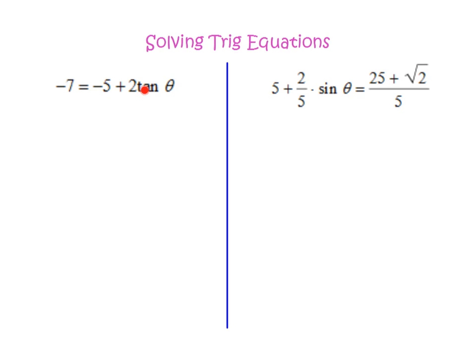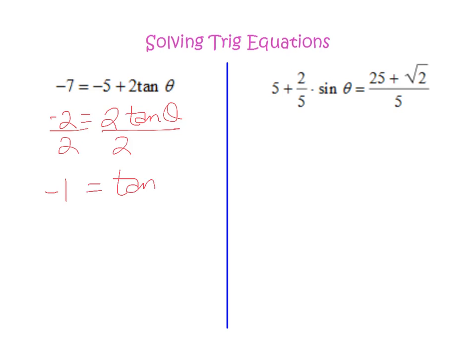I need to start isolating this tangent theta and getting it by itself. So just using simple algebra techniques, I'm going to add 5 to the other side. I'm going to divide by 2. And I'm down to -1 equals tangent theta.